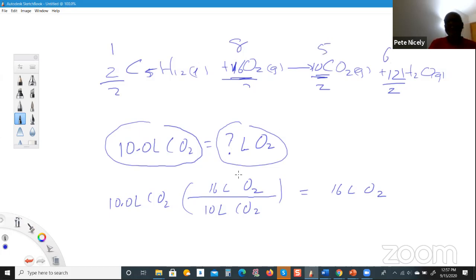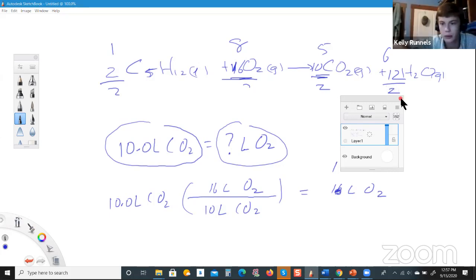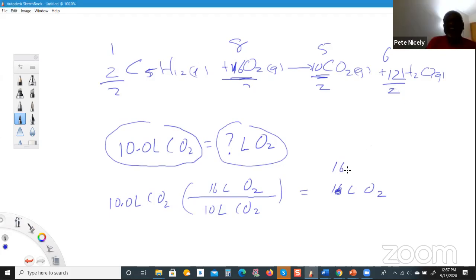It doesn't change the answer, but for future reference, you want to get the lowest possible integers for the coefficients of the different substances in the reaction. Another mistake I just made: this should be 16.0 liters because this is 3 sig figs.